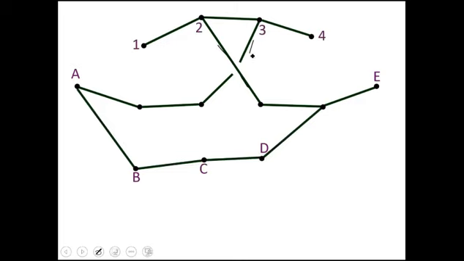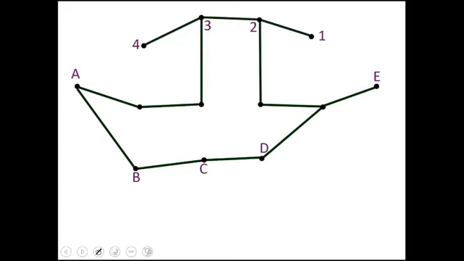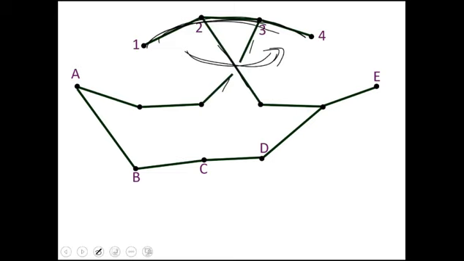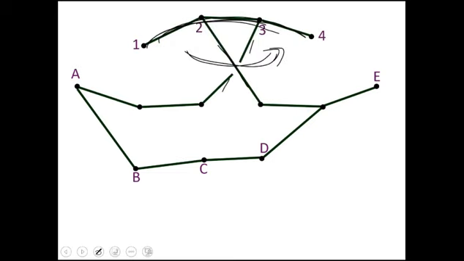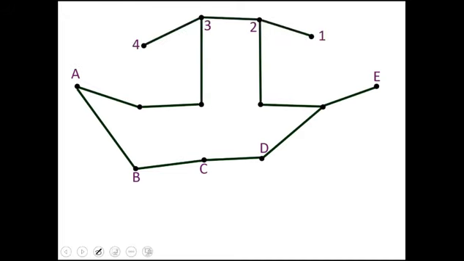We can get rid of this crossing by taking these edges right here and twisting them. So if I take these edges and twist it, I can undo that crossing. And so this graph here and this graph, where before it was 1, 2, 3, 4, now we twist this vertex over here. So now it's 4, 3, 2, 1 in the opposite order.